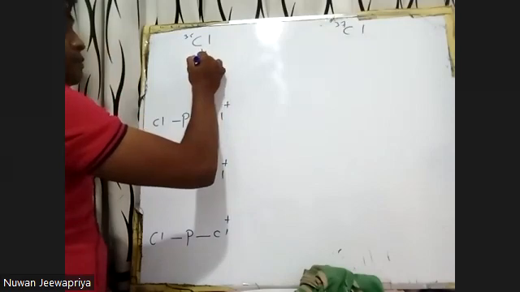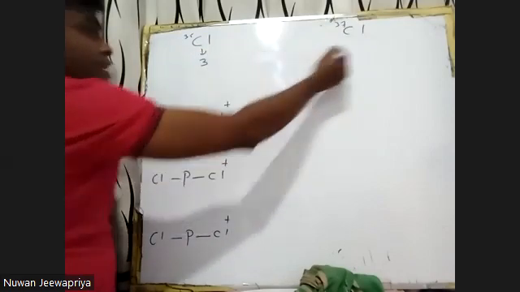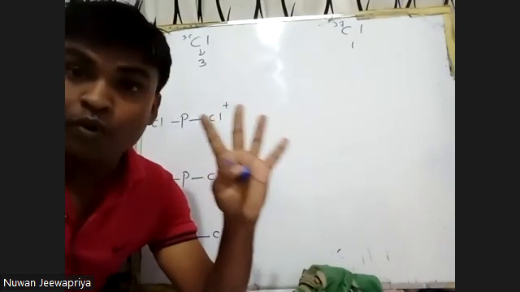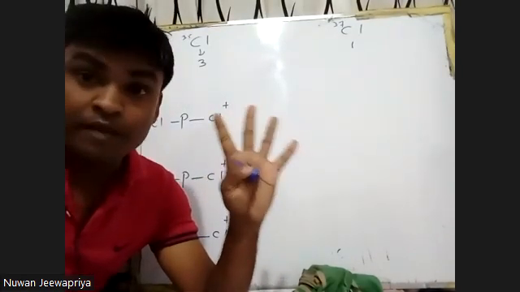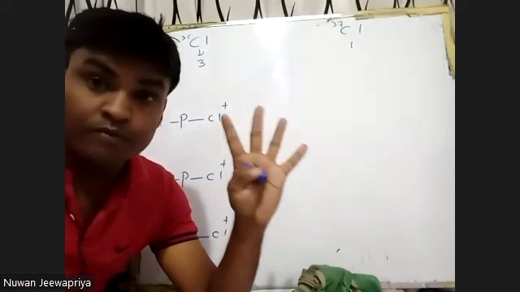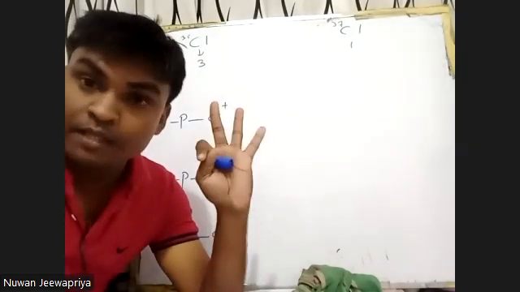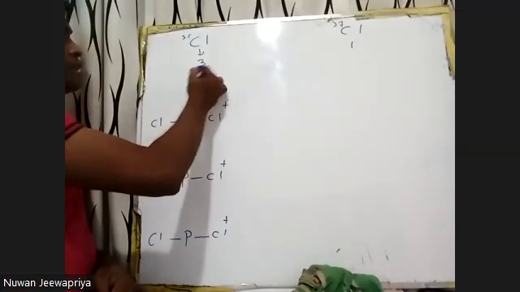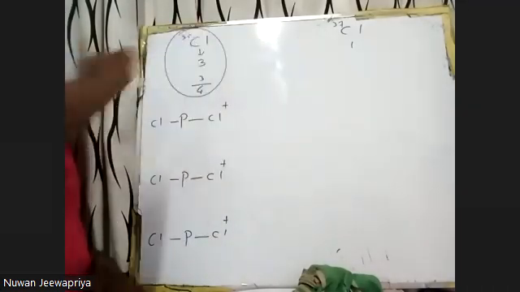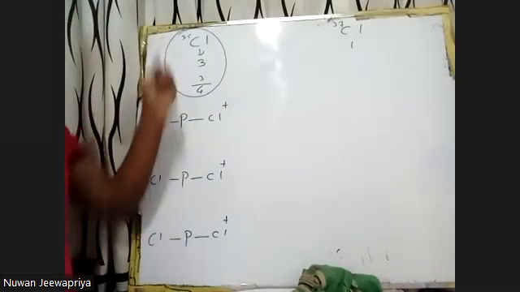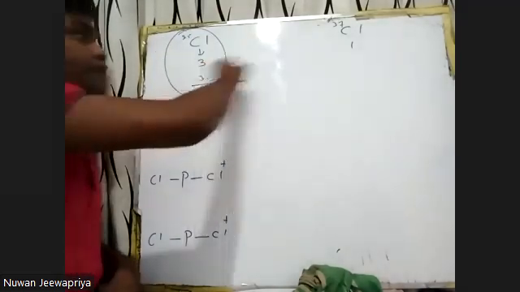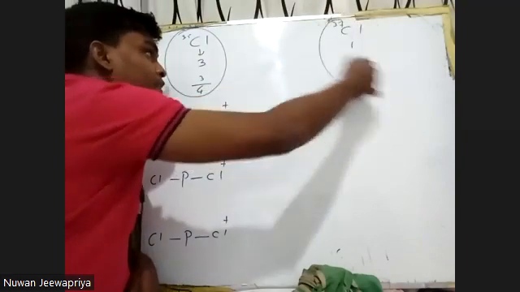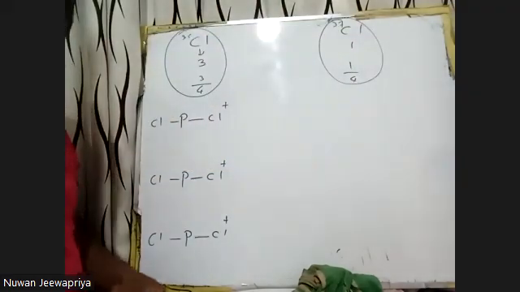Here the ratio is 3 and here it is 1. That means when I find 4 chlorine atoms, 3 of them come under the Cl35 category, and one of them comes under the Cl37 category.